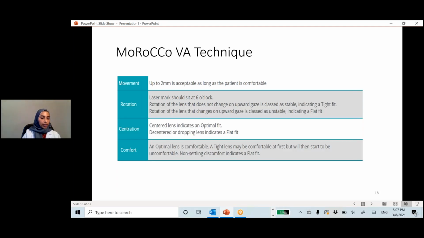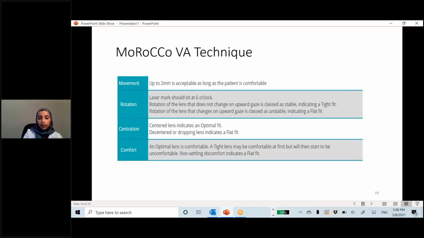Centration. It's obvious this lens has an 8 millimeter optic zone. One thing I will caution you with this lens is it's really important to take the housing of the slit lamp and put it directly in front of the patient, because when you change the angle of the light, you are going to see that the centration seems to be displaced.